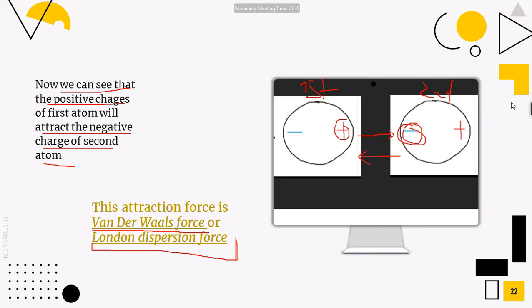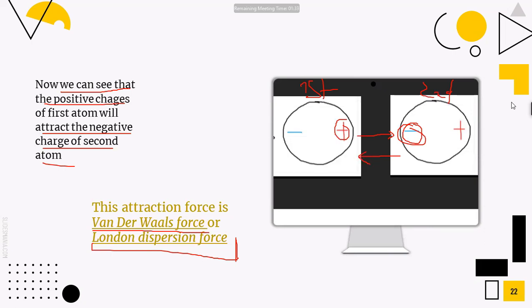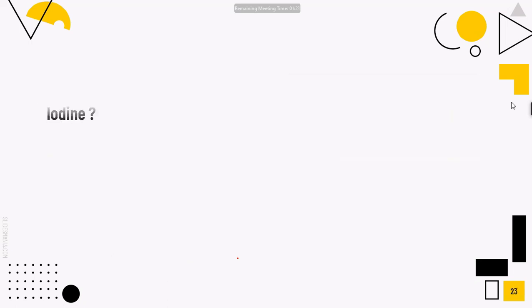So the nature of van der Waals force is nothing but the attraction force between two opposite charges in an electric dipole phenomenon.